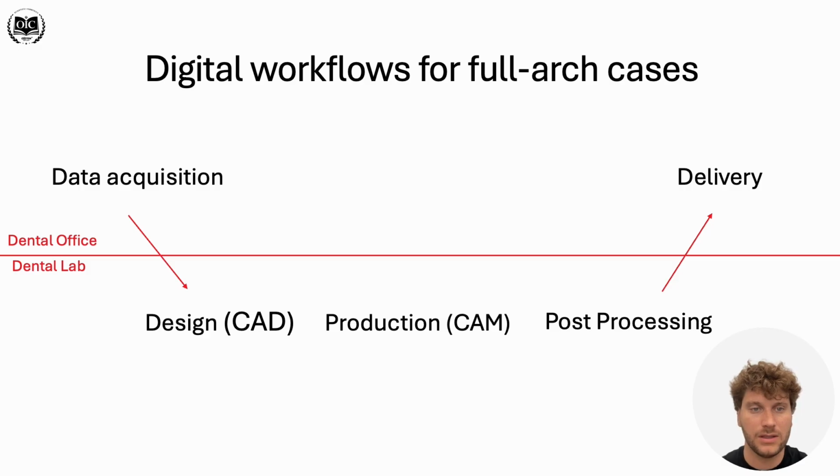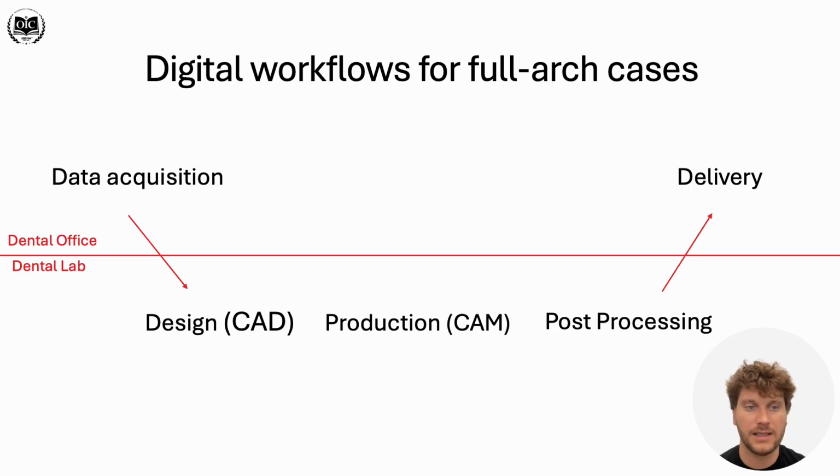Some background to get introduced into this topic. We need to understand that the process of full arch implant restoration is quite comprehensive. We have two main stages where everything is happening. At the dental office, we have a data acquisition appointment where we can take photos and gather all the information needed for the dental technician to manufacture this kind of prosthesis.